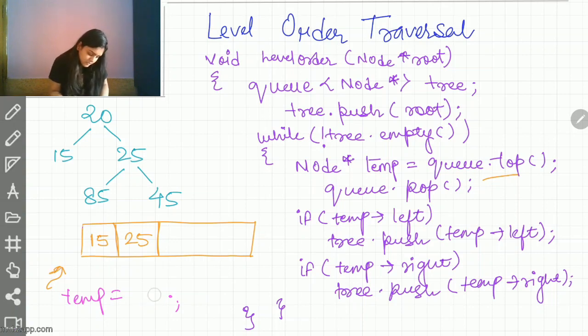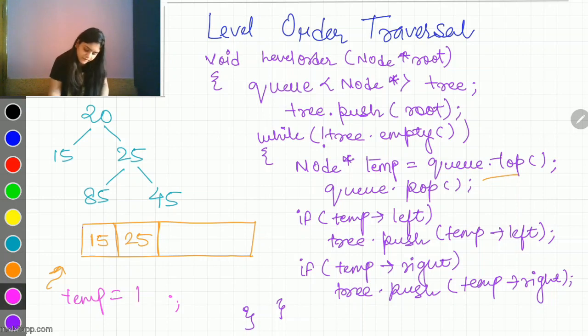We have popped it out of the queue, and again we are exploring the left and right of it. There is nothing there, so nothing will be added to the queue, and we will move on to the next iteration.